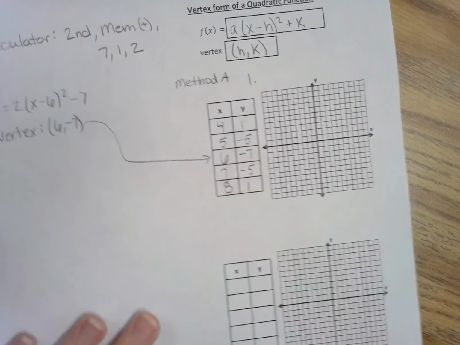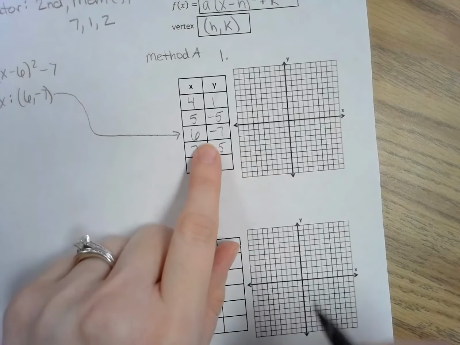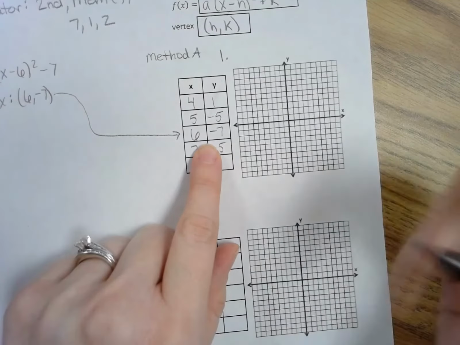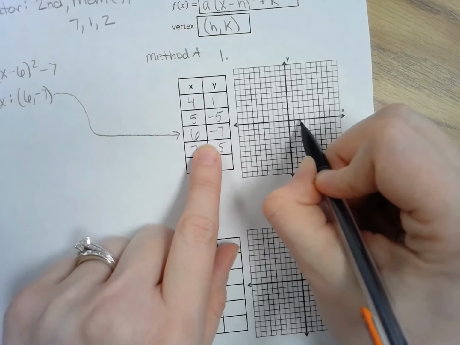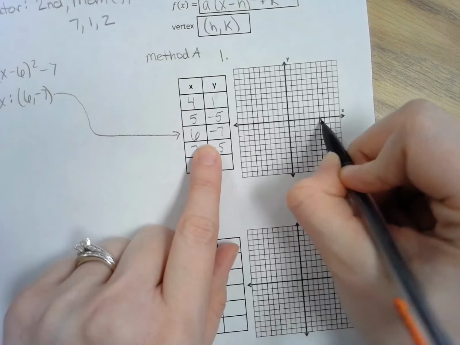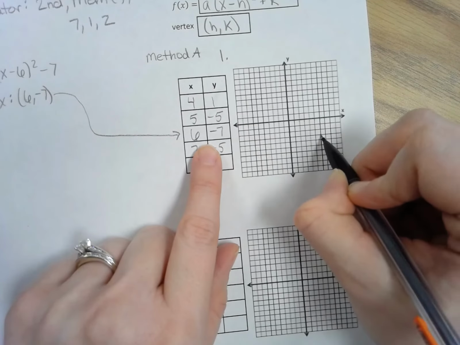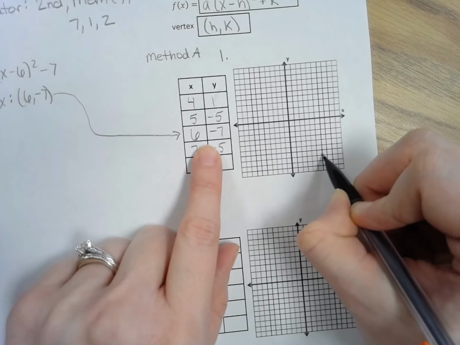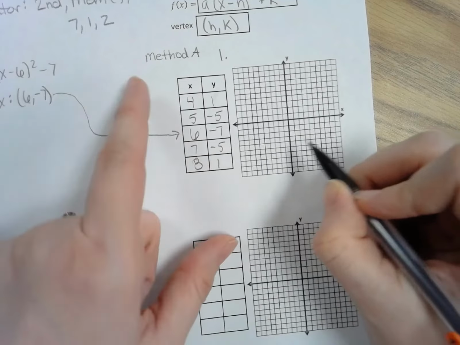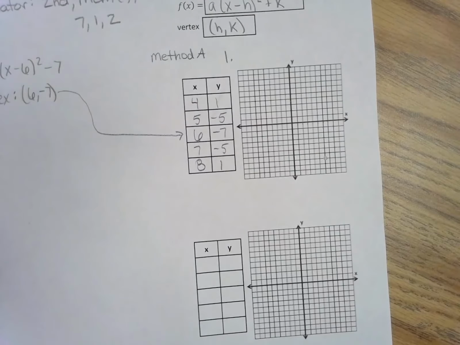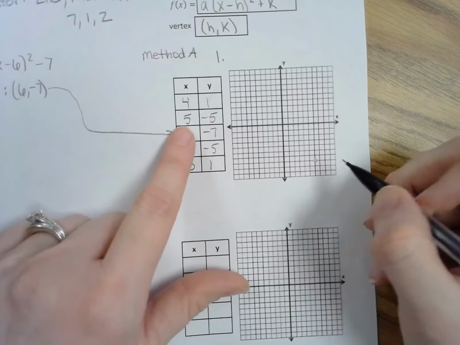So let's look at plotting these points. I like to start at the vertex first. So let's go with 6, 2, 3, 4, 5, 6, negative 7, and put a point, and then go to either side of that. You should start seeing the U shape being formed from that graph.